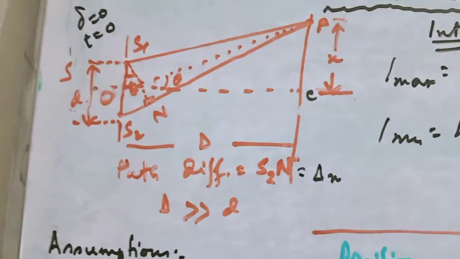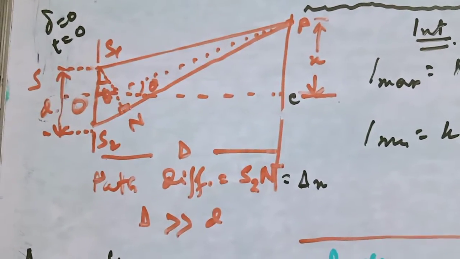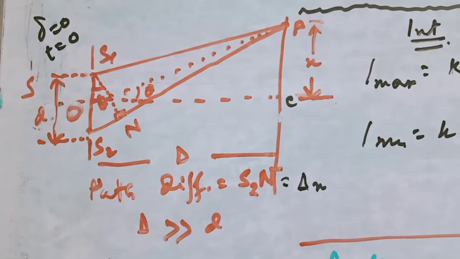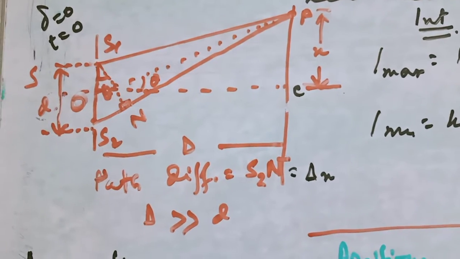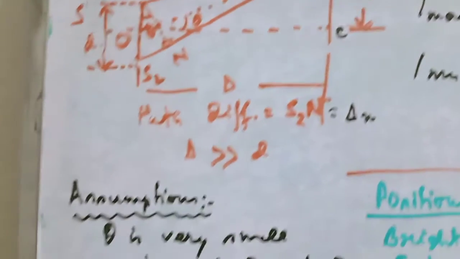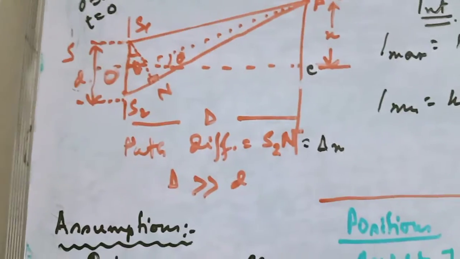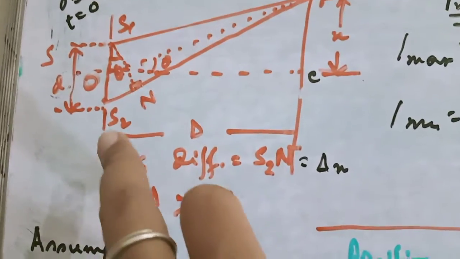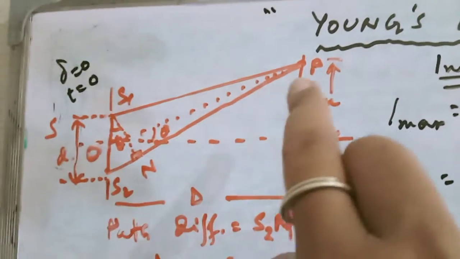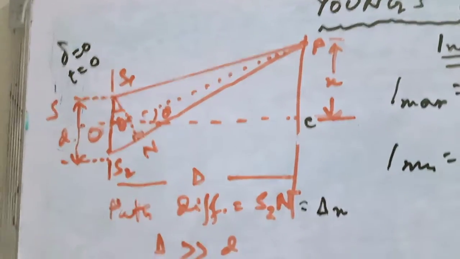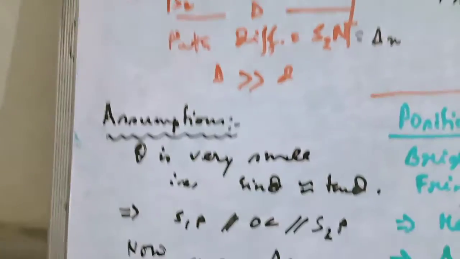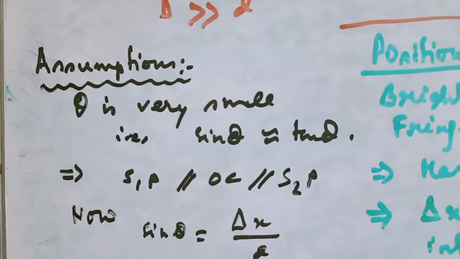So if that is the case, then we may consider that the straight lines S1P, S2P and OC are parallel if theta is very small.